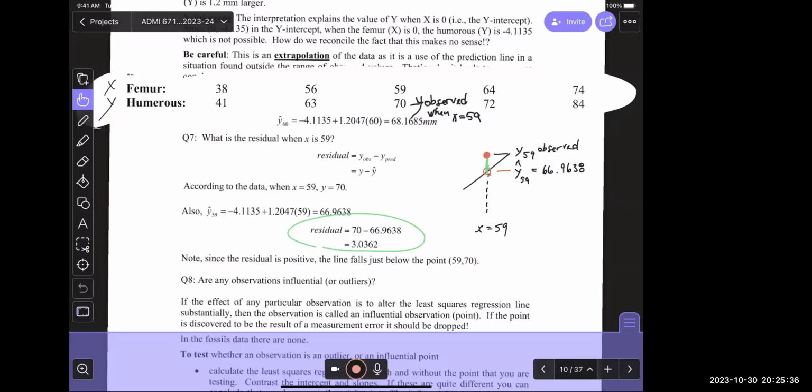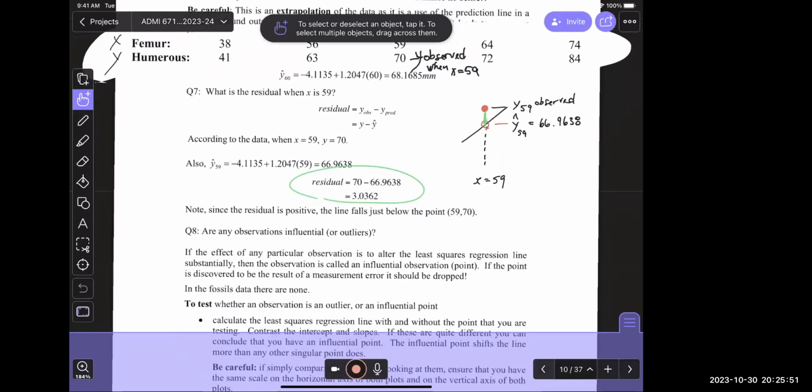If your slope and your y-intercept change, if your r changes, then you have an influential point. So that's what I describe here.